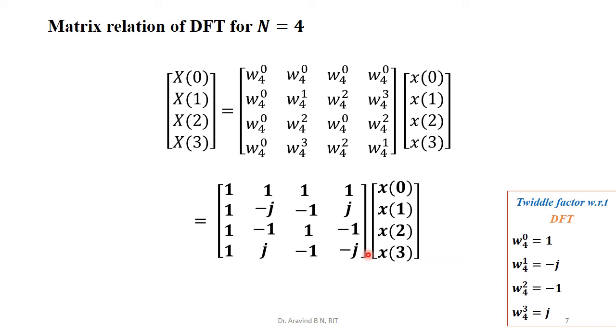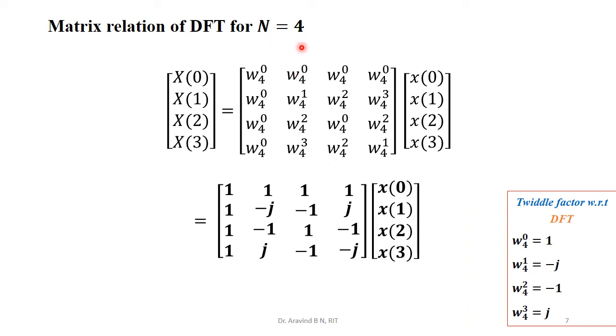One thing you have to remember here: we are calculating this matrix relation only for sequence length capital N equal to 4. That means if you need to calculate a 4-point DFT of a given sequence, then you can either use the formula method or move on to this matrix realization, applicable only for sequence length N equal to 4.